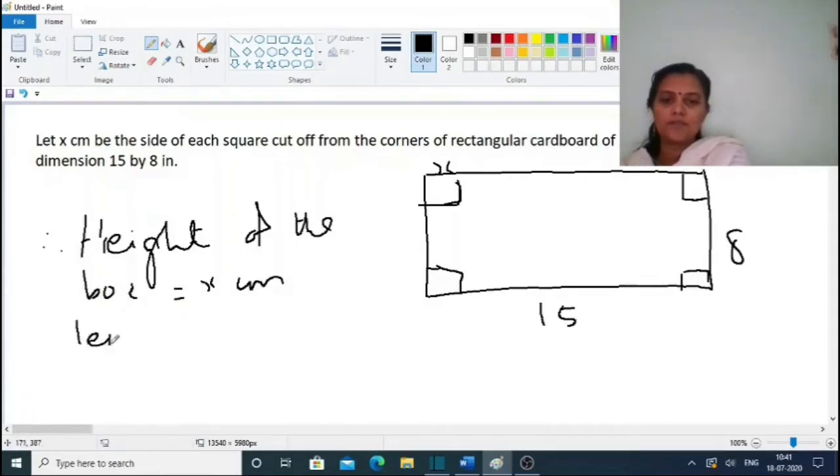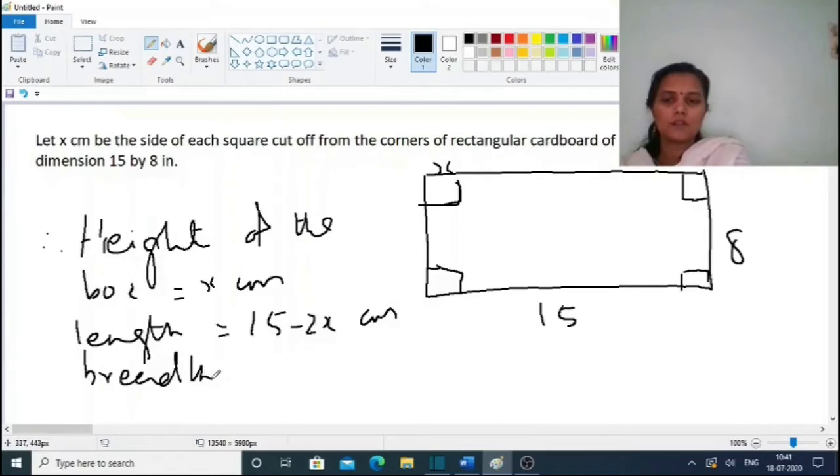Length will be, since x is cut from two sides, 15 minus 2x centimeter, and breadth will be 8 minus 2x.